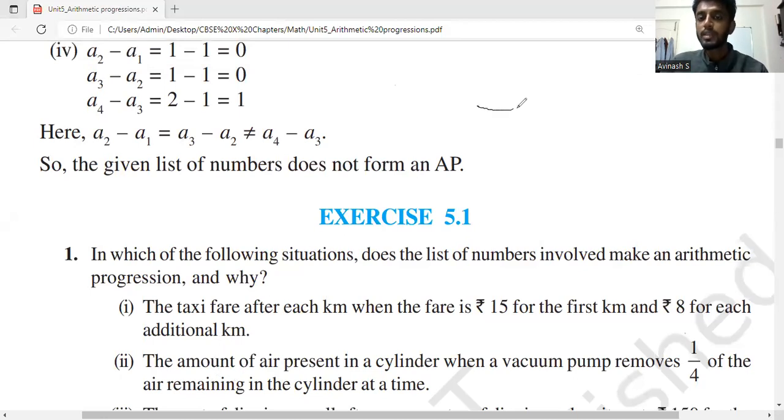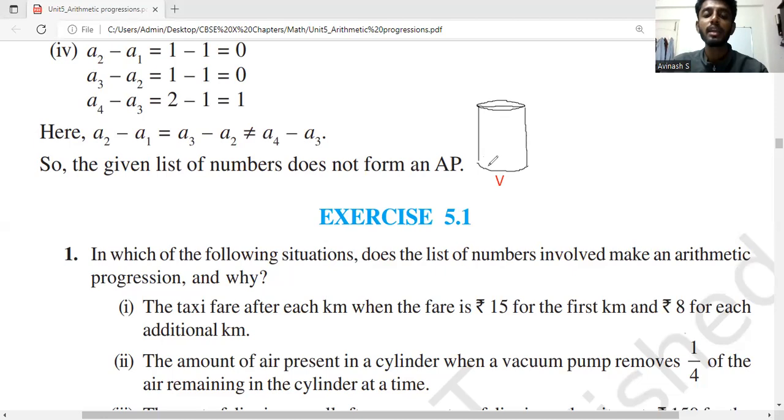Let me assume there is a cylinder, and the volume of gas present in the cylinder is some V. This is the volume of air present in the cylinder, capital V. Initially, the air is present till the brim, till the top of the cylinder.